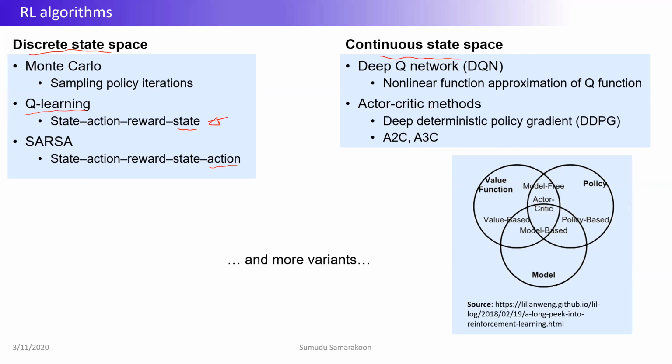Here we use an actor network model and a critic network model, where the actor makes the decisions and the critic criticizes those decisions. So basically, the value function is handled by the critic, and the state and action function is handled by the actor. In addition, there are many more algorithms you can find in the literature.